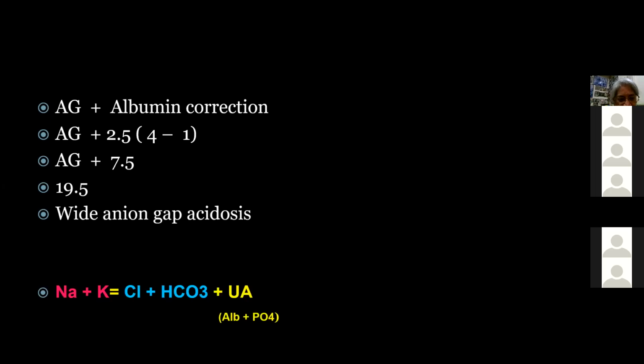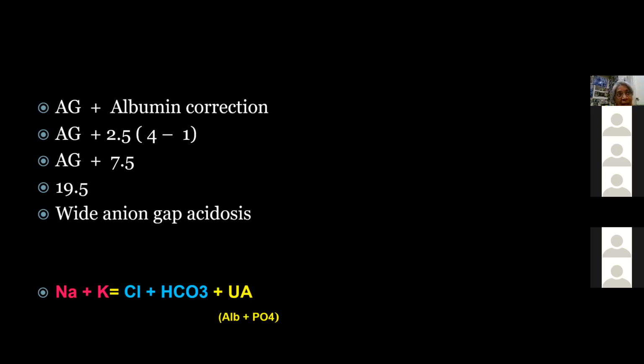And the reason why we're looking at it is that the anion gap is coming from the unmeasured anions. And one of the main unmeasured anions, almost contributing 80% to that unmeasured group, is your serum albumin. So when your albumin levels fall, this anion gap will narrow.